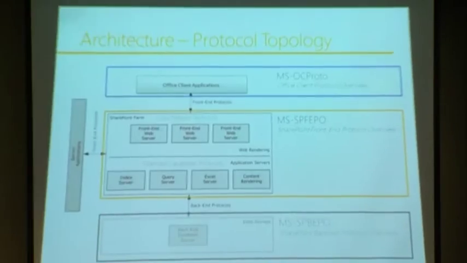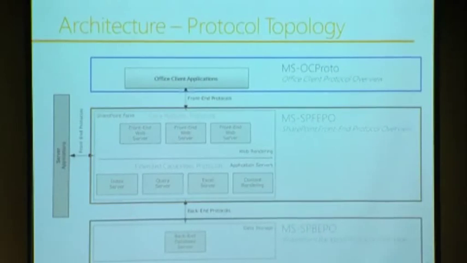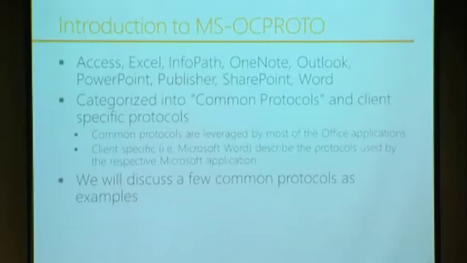So going back to this diagram, we talked about the front end. Now we're going to talk about the Office Client Protocol overview. This is the document that describes Access, Excel, Word, PowerPoint, Outlook, Publisher, etc., and the protocols that those applications support. And this document, like the last one, is also broken down in 2 ways.